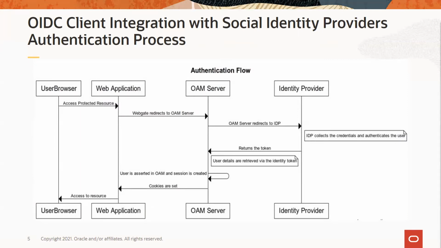Once the assertion is done and the session is created, control is passed back to the user for accessing the protected resource. So this is a typical flow in authenticating the user, asserting the user, and giving access to the protected resource in the context of the OAuth OpenID Connect flow with the third party or social identity provider.